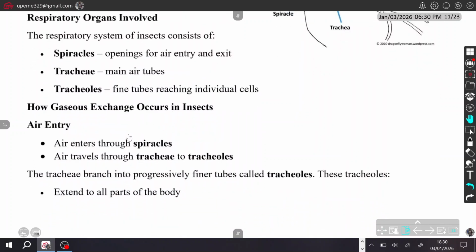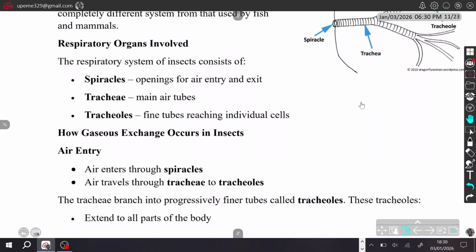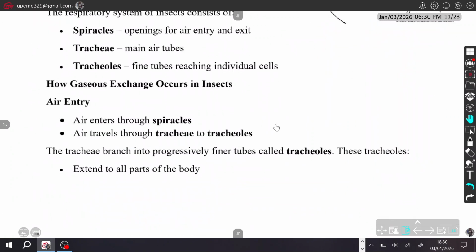Okay. So we are saying the trachea branch into progressively finer tubes called the tracheoles. So the trachea continuously branch into smaller tubes called the tracheoles. These tracheoles extend to all parts of the body. All right. So let's continue.